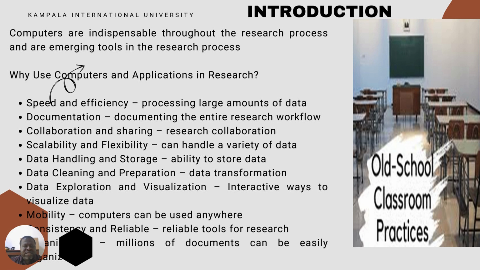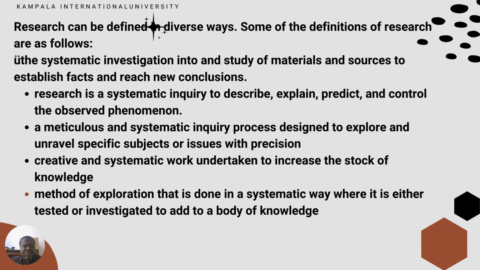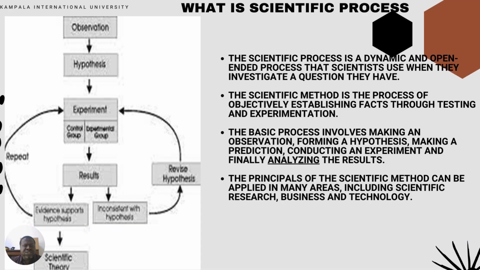Now, the next thing we have to look at is what exactly is a scientific process. If you look at the word scientific process, scientific means a lot of things.